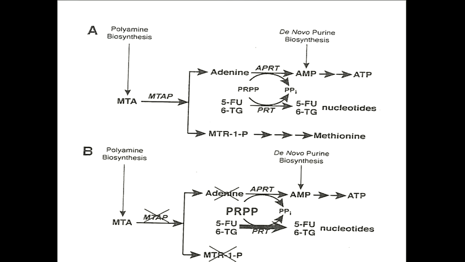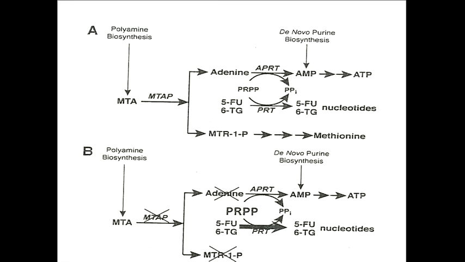What I'm going to talk about is this enzyme called methylthioadenosine phosphorylase. It's kind of an important enzyme because the substrate methylthioadenosine is generated from polyamine biosynthesis.